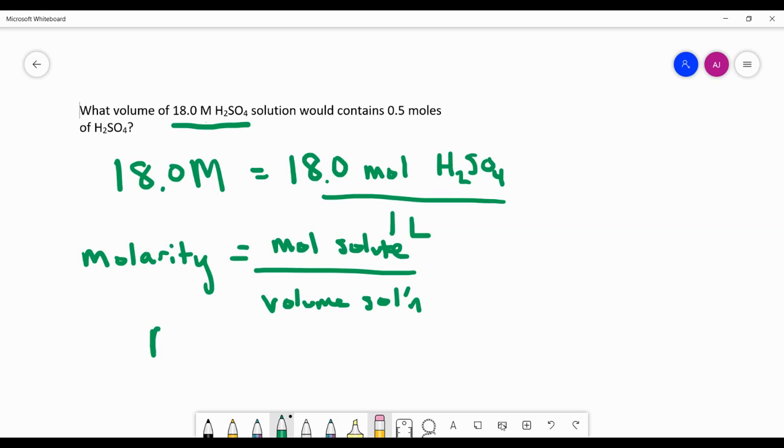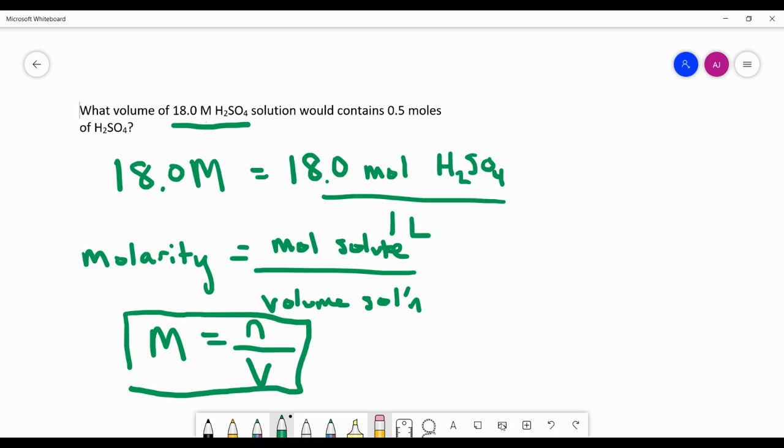The symbols I use in the molarity equation, I use a capital M to represent the concentration, molarity, and as always, a lowercase n for moles, and then a capital V for volume. So this equation here, capital M is equal to n over V, or molarity is equal to moles divided by volume.